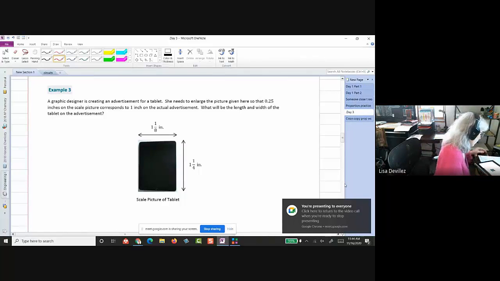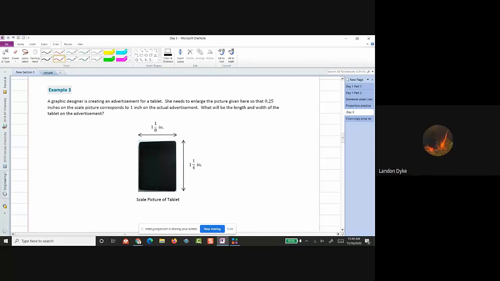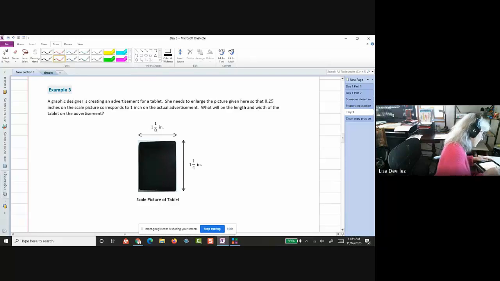Okay, so here, he's designing an advertisement for a tablet, wants to enlarge the picture so that 0.25 inches on the scale corresponds to 1 inch on the advertisement. So what will be the length and width of the tablet on the advertisement?